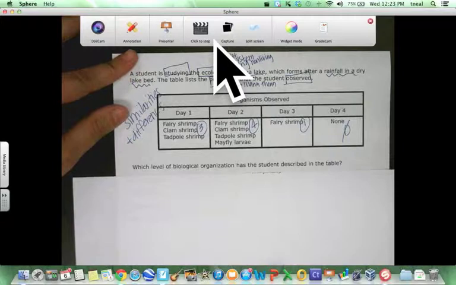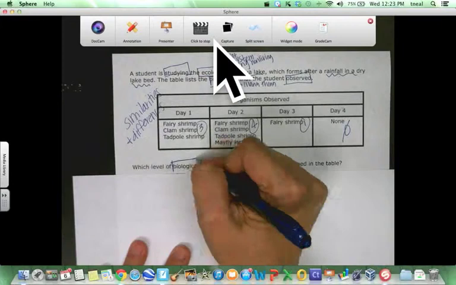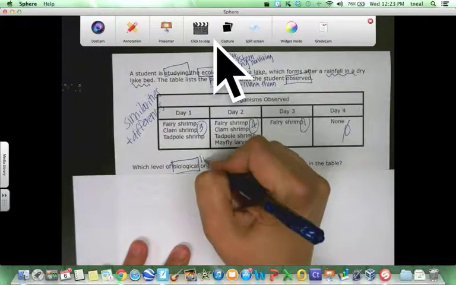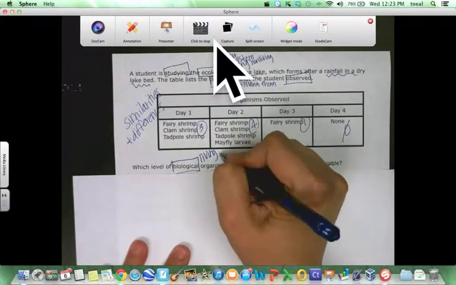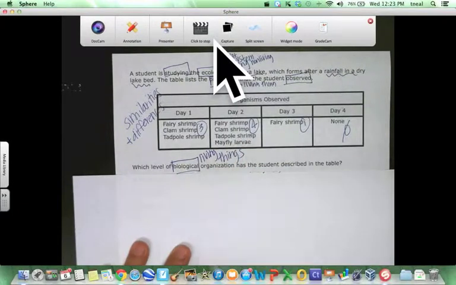Which biological organization has a student described in the table? Biological. Big word. But you know that biology has to do with living things. And just the way I'm making notes on my paper, that's what you should do too for the questions that you are struggling with on the EOC or any test that you're going to take in high school.